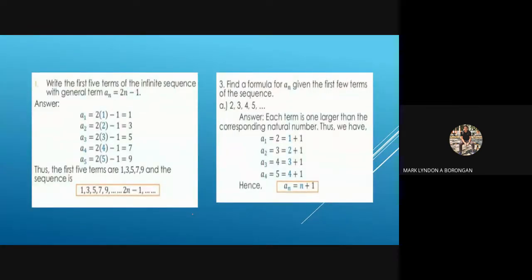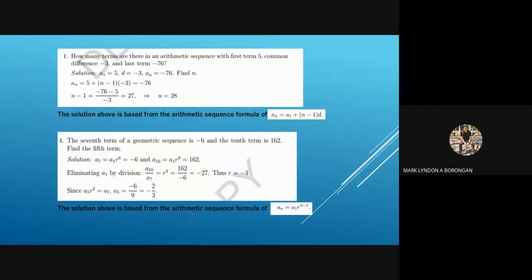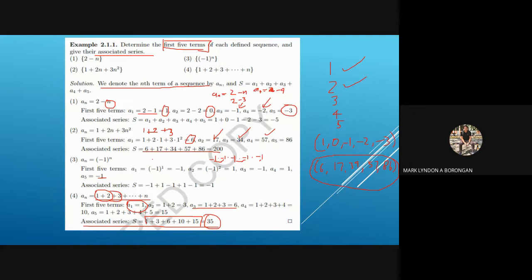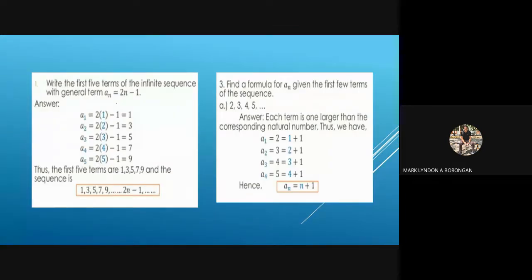Now, another example. Write the first five terms in the infinite sequence with general term a sub n is equal to 2n minus 1. We are based on the examples here again. First term is 1, second term is 2, 3, 4 and so on.